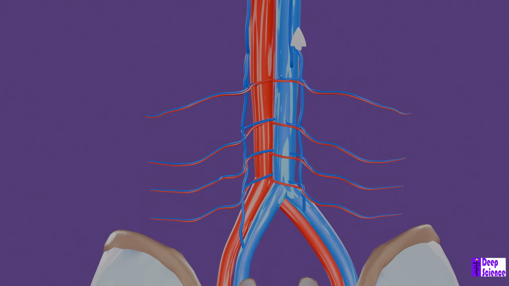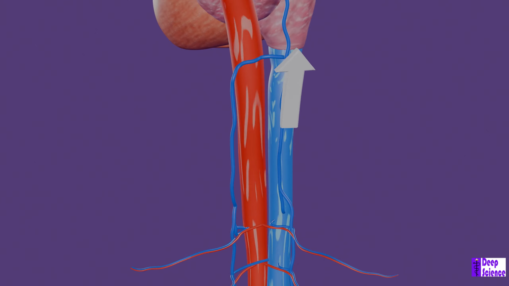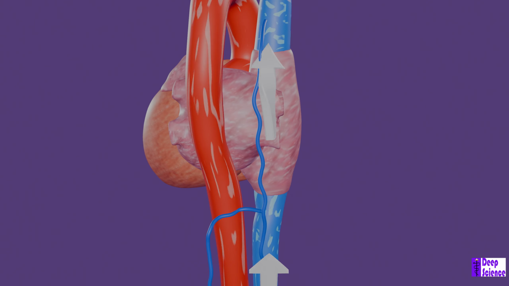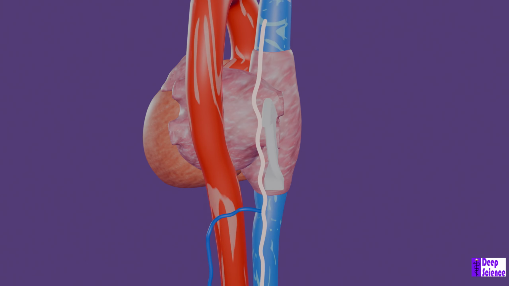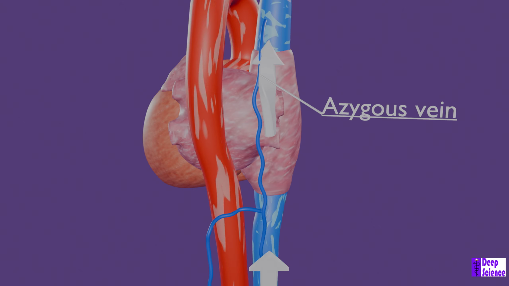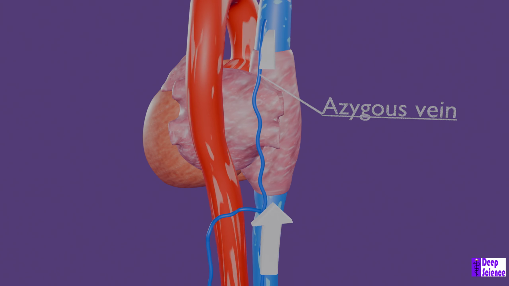So these ascending lumbar veins move upwards to join a vein called the azygous vein. The azygous vein then empties into the superior vena cava.